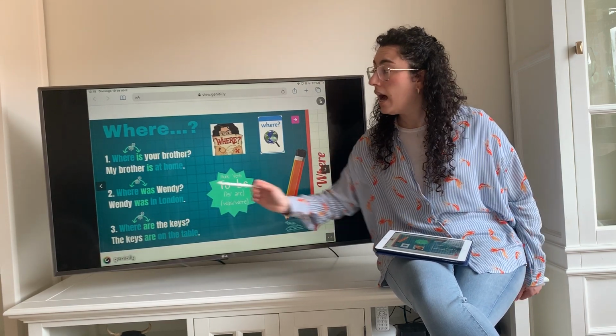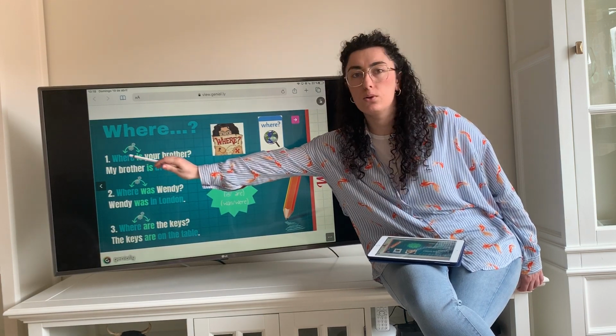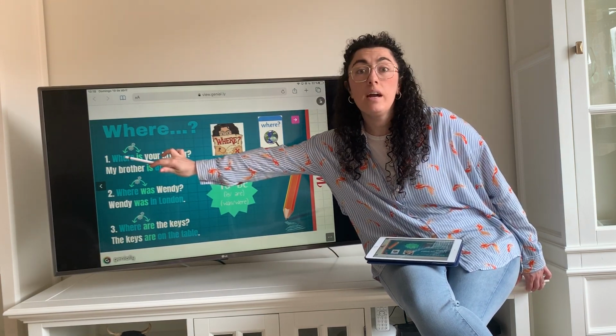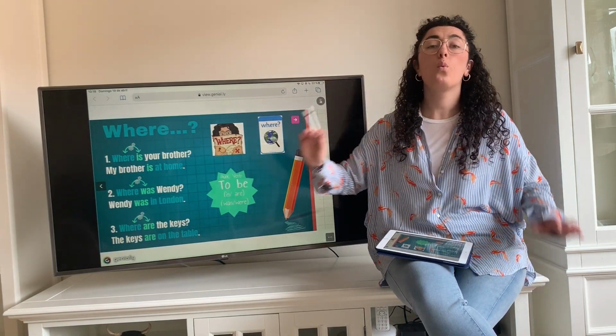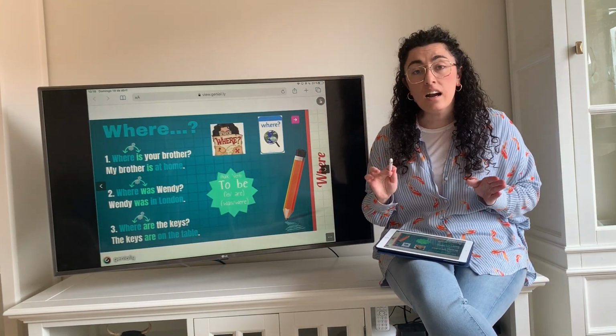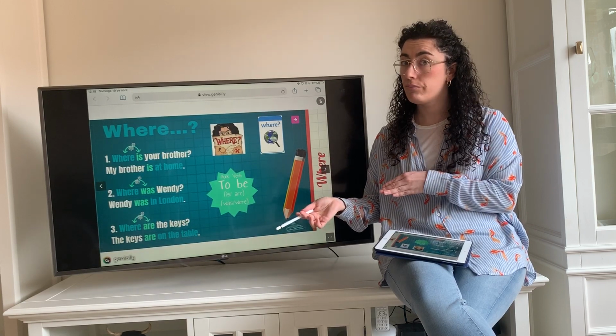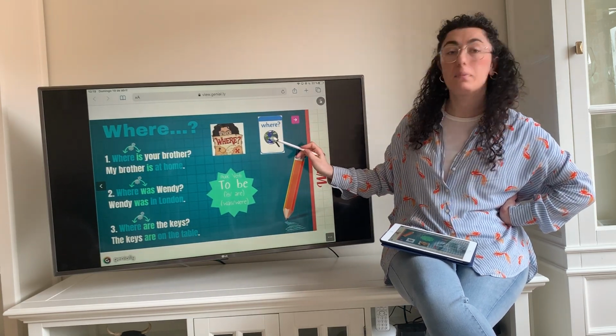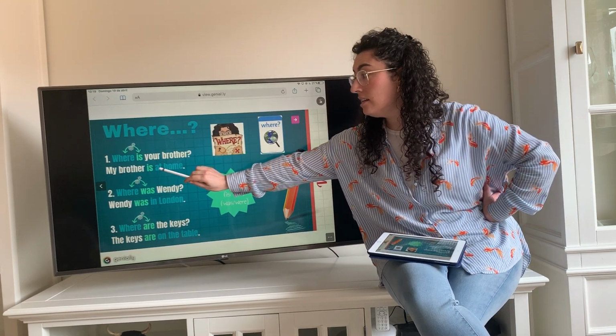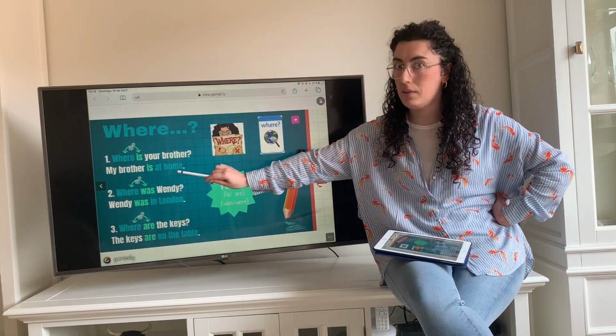The verb to be. And then you can see where in blue. And in the answer, you can see what where is referring to. Remember that we said that where is a place. So in this case, at home is a place.